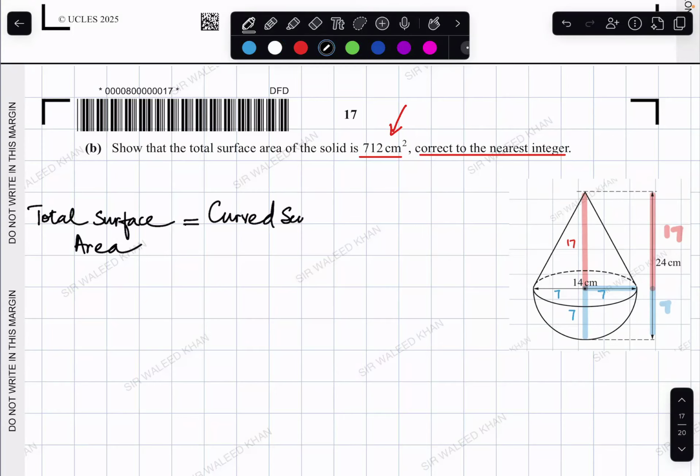Yes or no? Yes. So you are just painting the curved surface area of the cone along with the curved surface area of the hemisphere. Right? Curved surface area of the cone, curved surface area of the hemisphere.